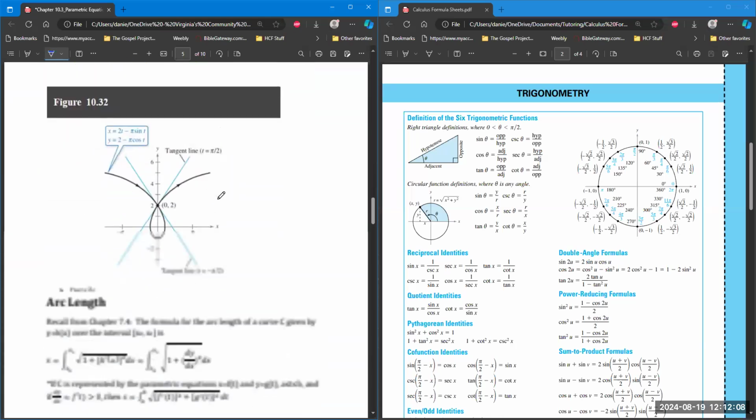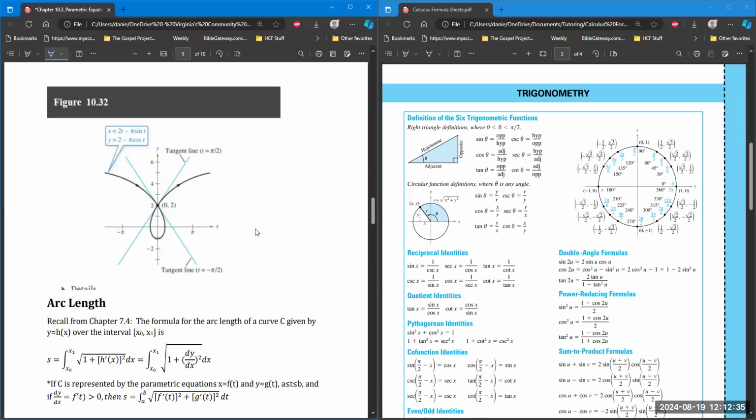So there's our picture from the book. There's the cycloid right there that we're interested in, with x is equal to 2t minus pi sine t, y is equal to 2 minus pi cosine t. And at the point (0, 2), we have two different tangent lines, one coming from this direction and one coming from that direction.